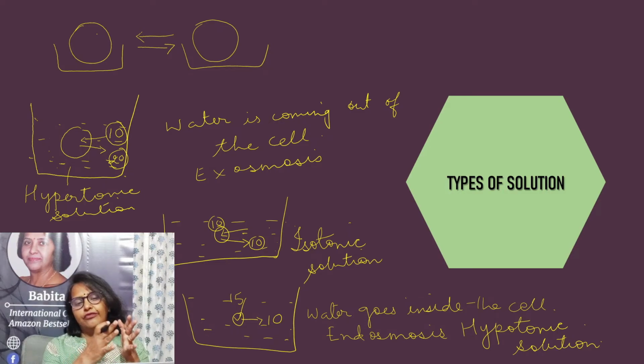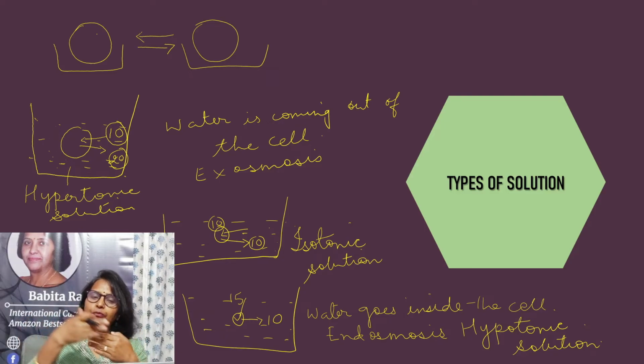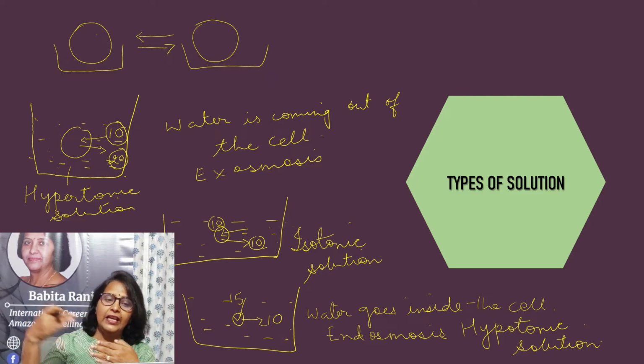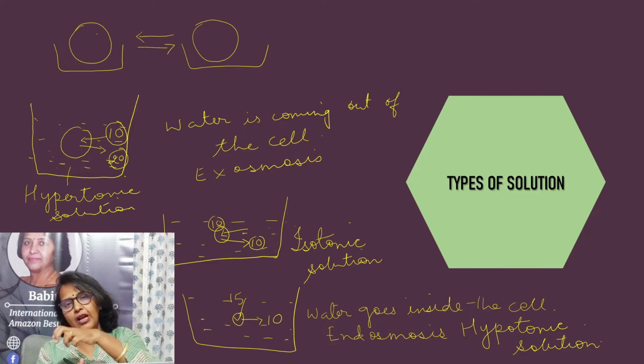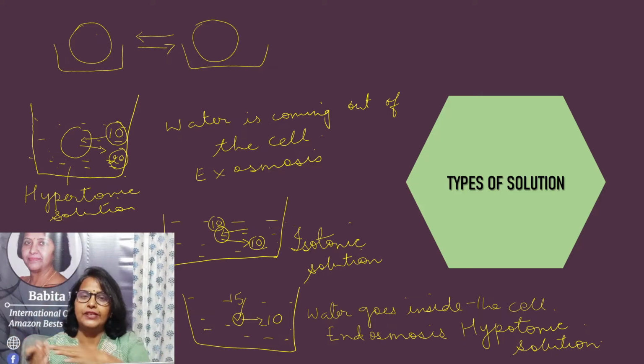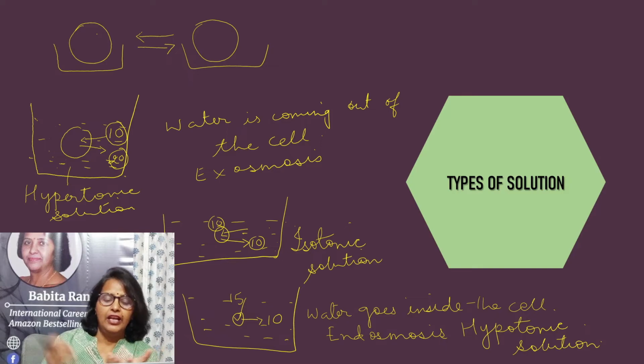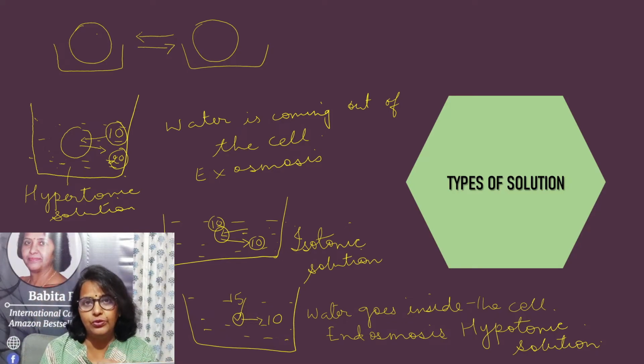But in one example we saw that a lesser number of water molecules is getting inside the cell and more molecules of water are coming out of the cell. So the net result is water is coming out of the cell. If we have this kind of condition, the solution in which we had put the cell is known as hypertonic solution.